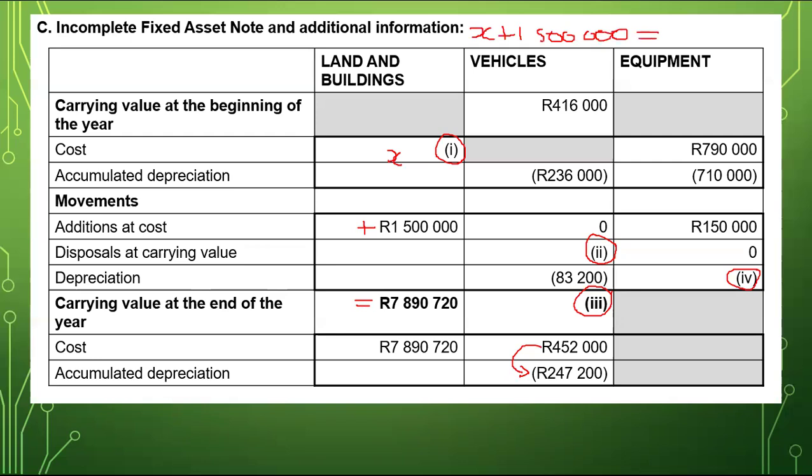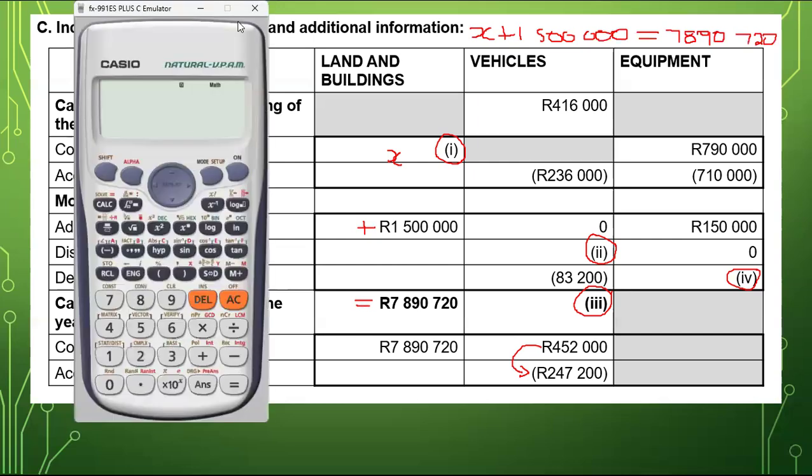should give us 7,890,720. By now, guys, you should know how to solve for X, right? Even if you don't know how to solve for X, you can always use your calculator. If you've got this type of calculator, normally you refer to it as AP math calculator.